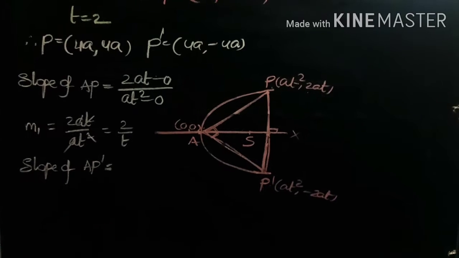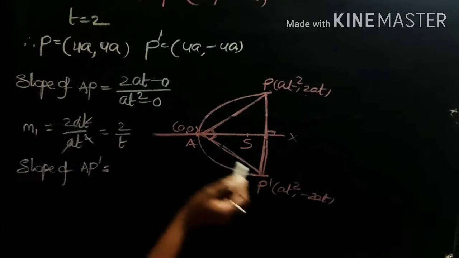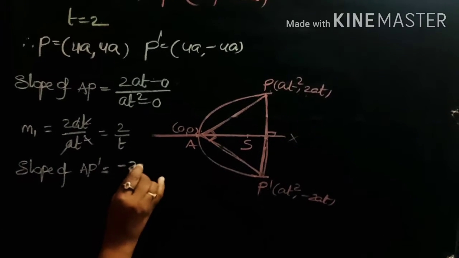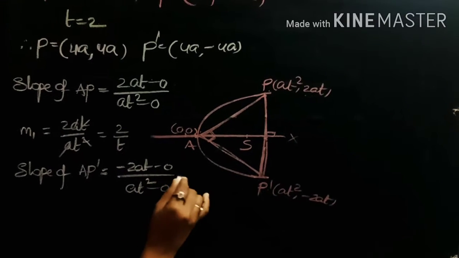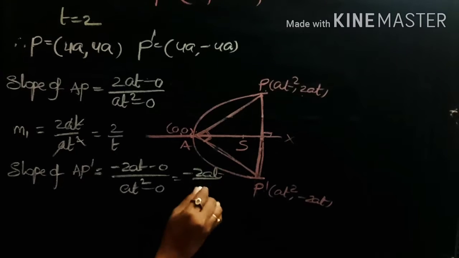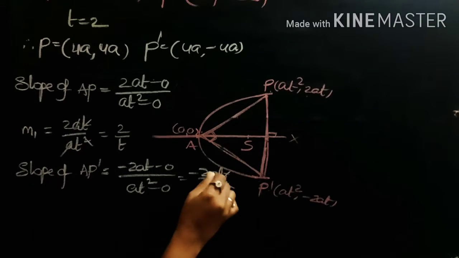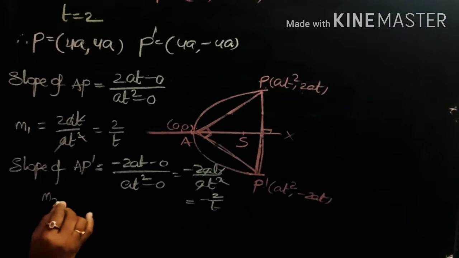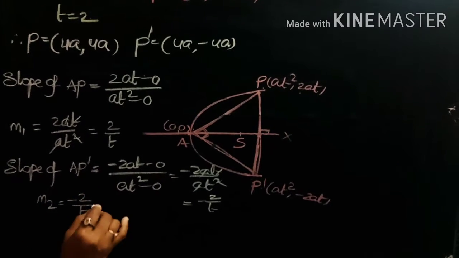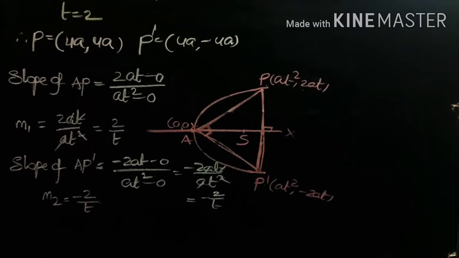Now the slope of AP dash is y2 minus y1 by x2 minus x1, that is minus 2at minus 0 by at square minus 0, that is minus 2at by at square, which is equal to minus 2 by t. We take this value as m2. Therefore m2 is equal to minus 2 by t.